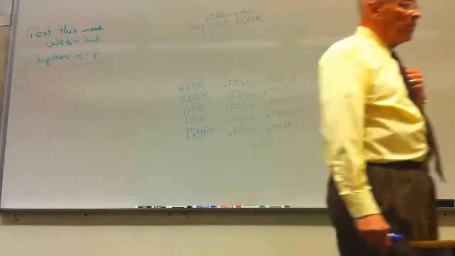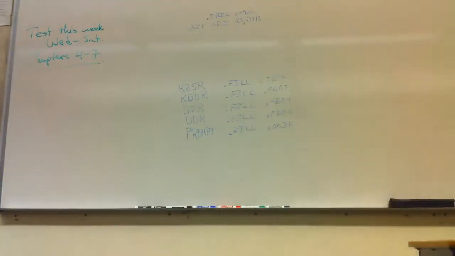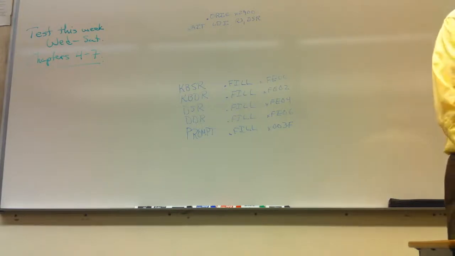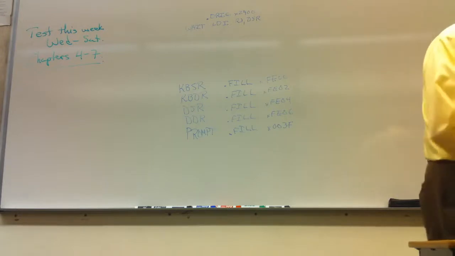Okay? Now, why do we have to load it? Because I have to set the condition codes based on the value that's stored in that register. That's what I'm getting after here. I want to look at those condition codes.